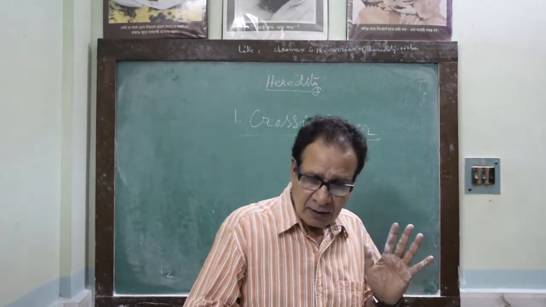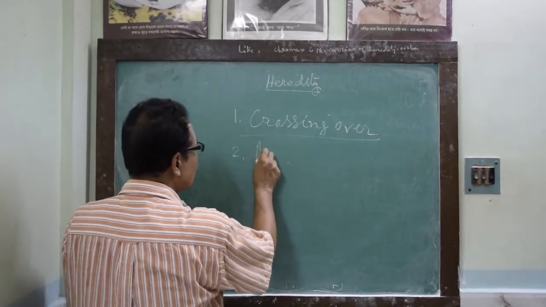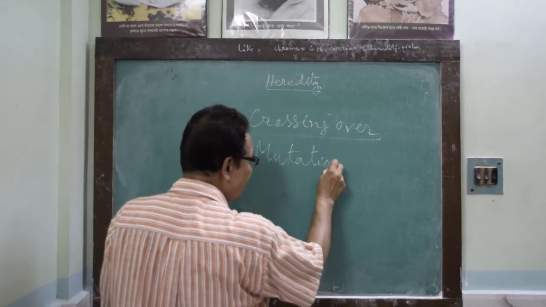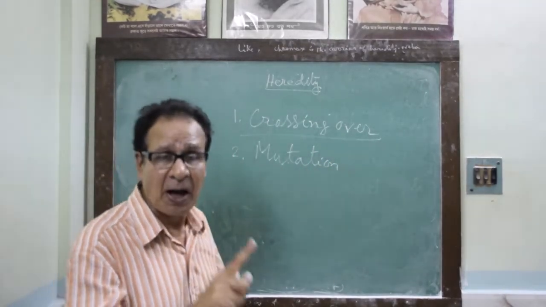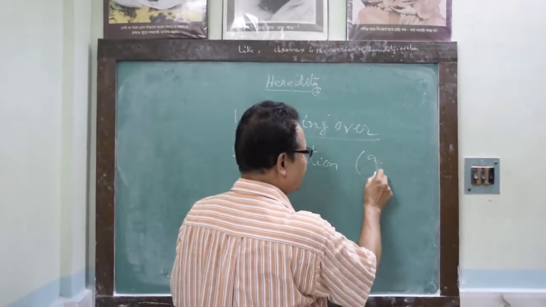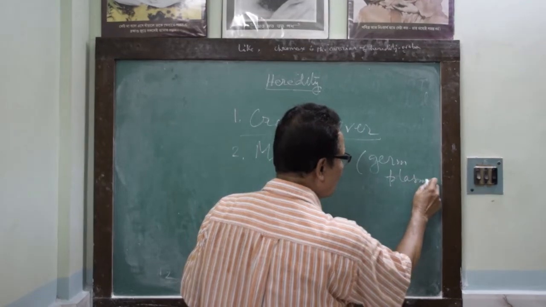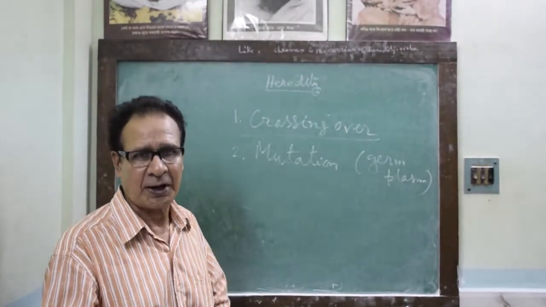That is the variation. Number two, mutation. Any sudden but permanent change in the germ plasm which leads to the appearance of a new character is known as mutation.